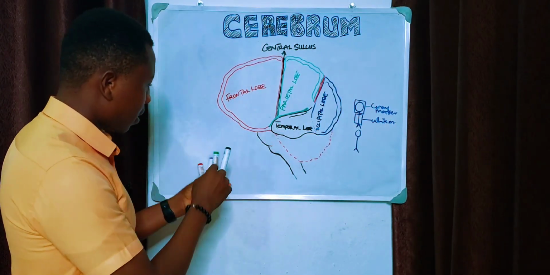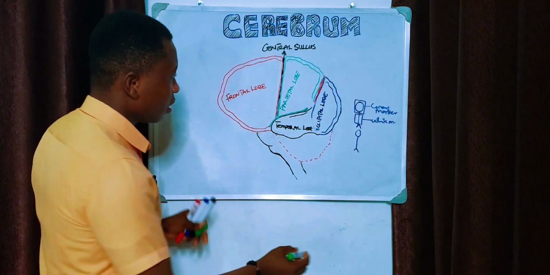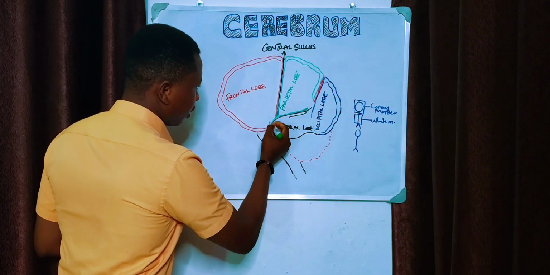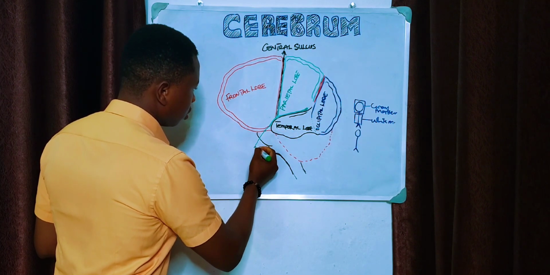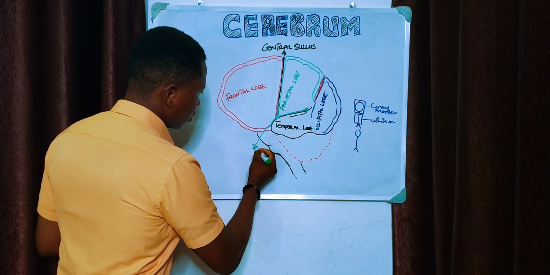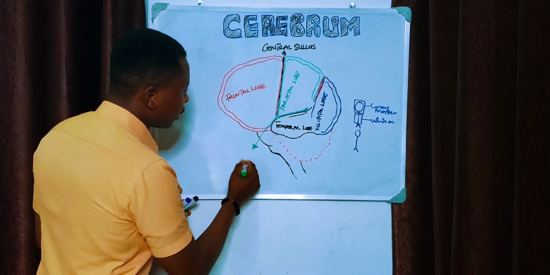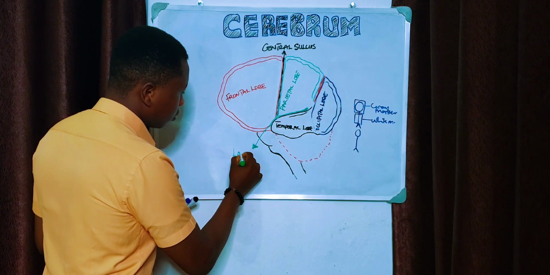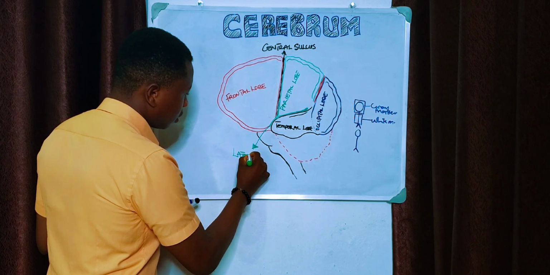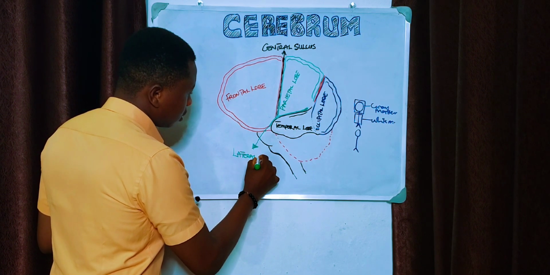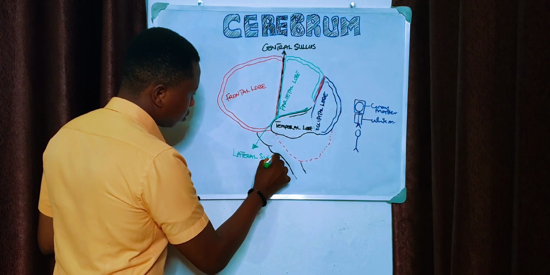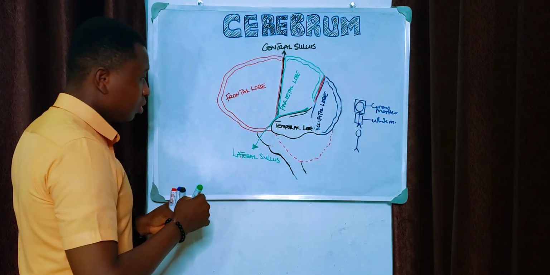The next one I'm going to talk about is this one here, in green. This is called the lateral sulcus. What does it do?